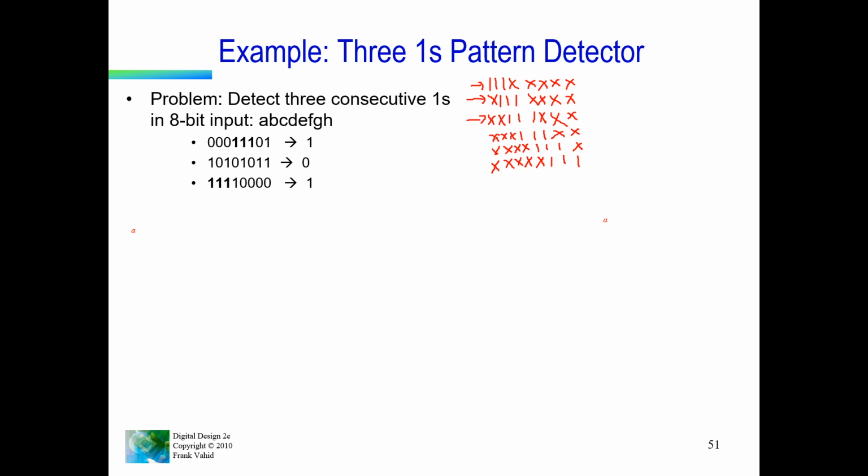So can I describe each of these scenarios by using a Boolean expression? Actually I can do that.